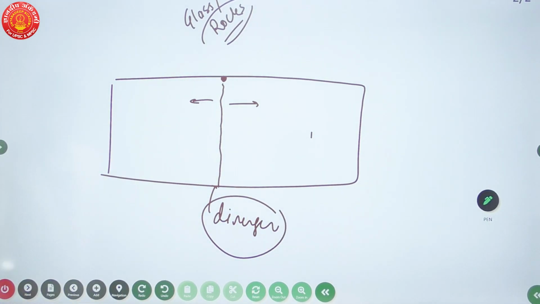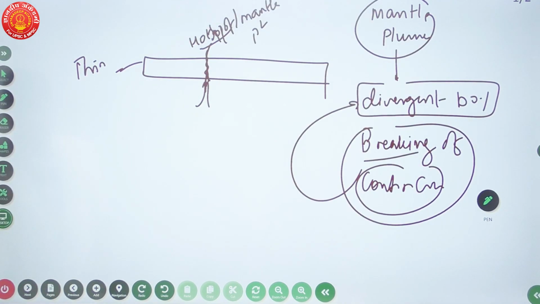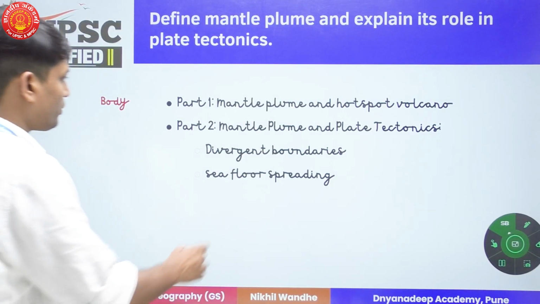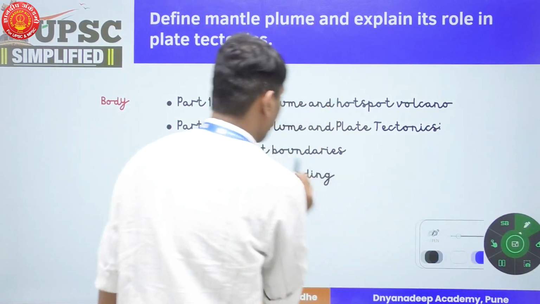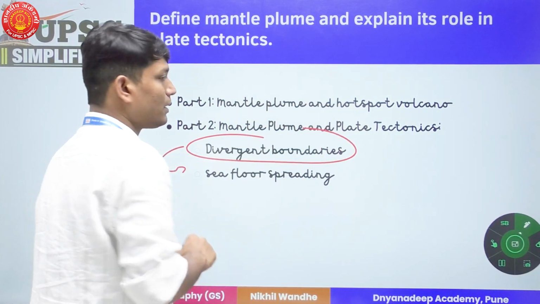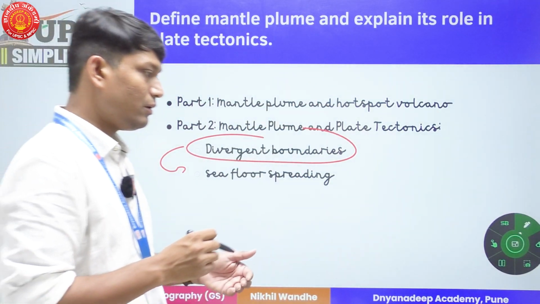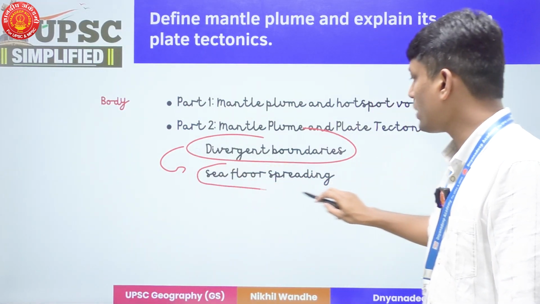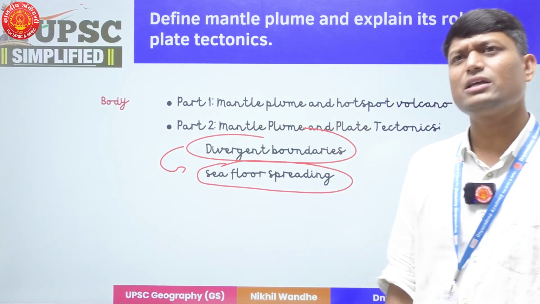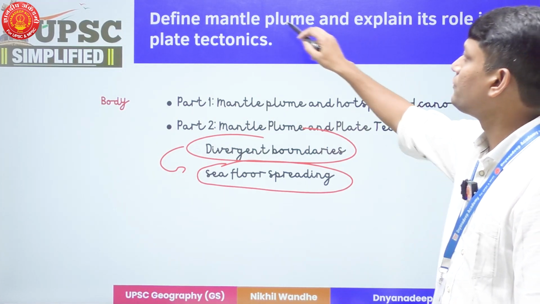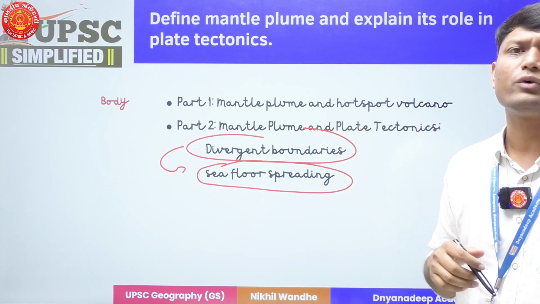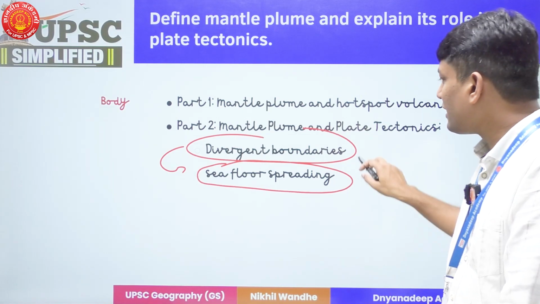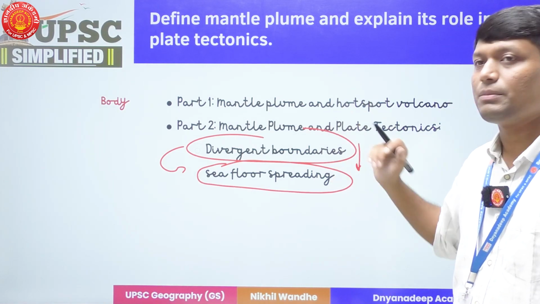So this is one part. Now, once we have divergent boundaries, along this divergent boundary a lot of magma will flow onto the surface and we will also have seafloor spreading. Seafloor spreading is not as directly related to mantle plumes or hotspot volcanoes, but I'm just extending from here.